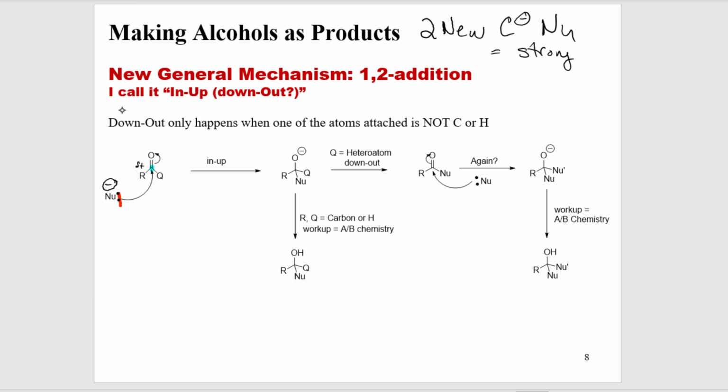The first step of a 1,2 addition, and it's called 1,2 addition the way that I've named it, is because you have 2 atoms, 1 and 2, and those are the only 2 atoms involved in this addition. So the nucleophile goes in, and the pi bond, which is the weakest bond, breaks, and those electrons go up into the oxygen.